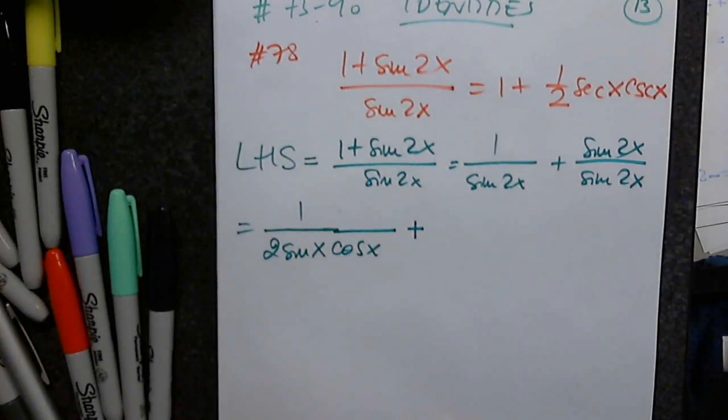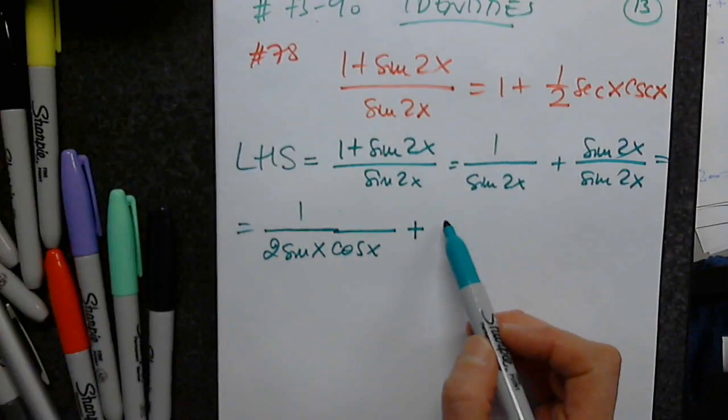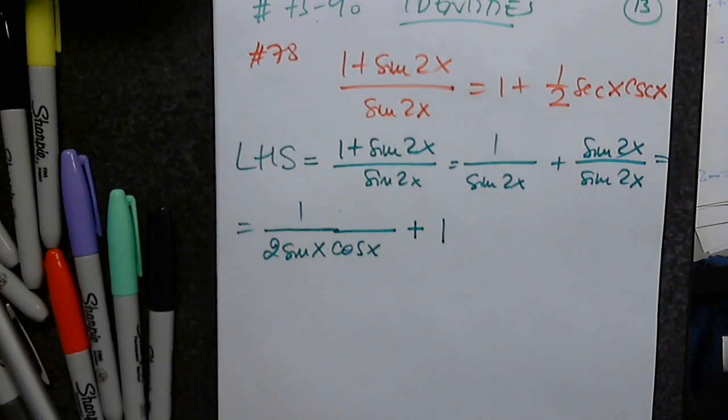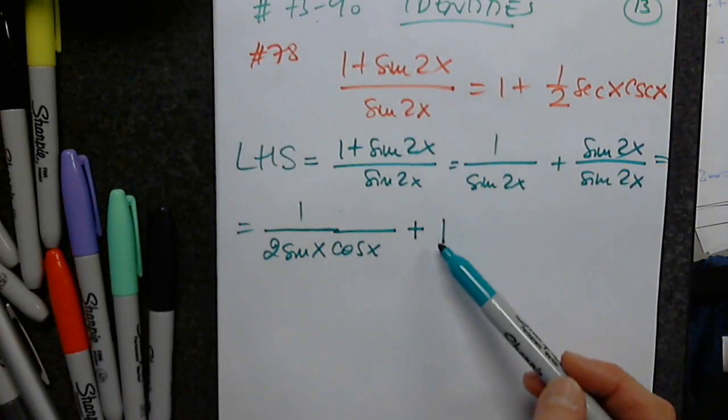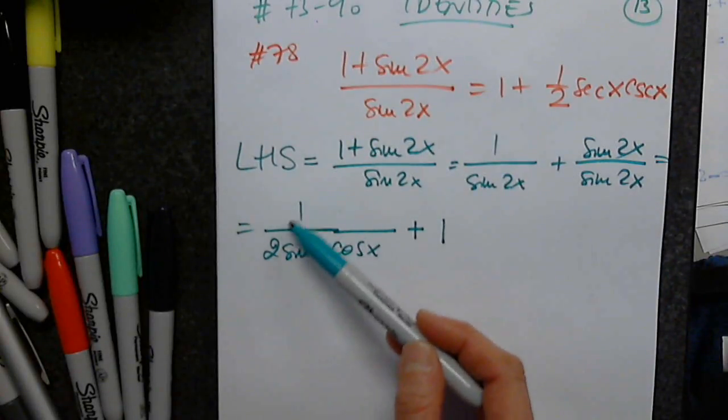But how much is sine twice x over sine twice x? 1. So 1 plus, I do have the 1/2.